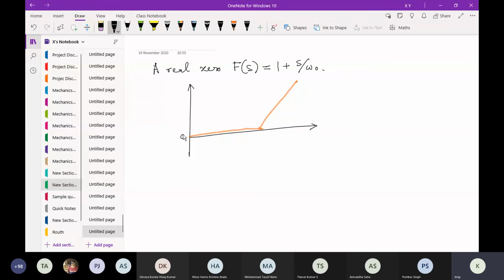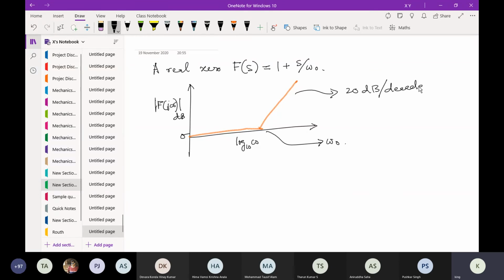This will be the 0 point. This is your F j omega in decibels. This is log to the base 10 of omega, and this point will correspond to omega 0. This will have a slope of 20 decibels per decade.